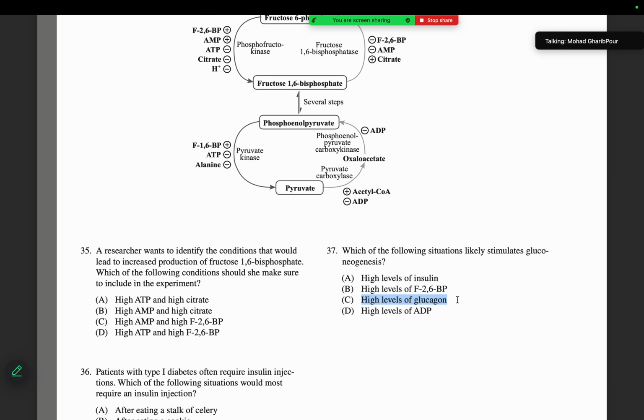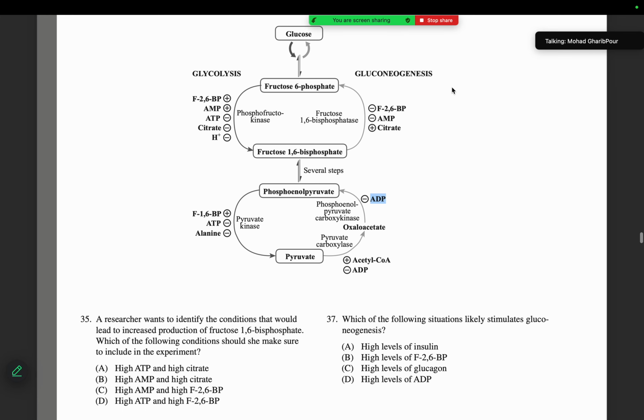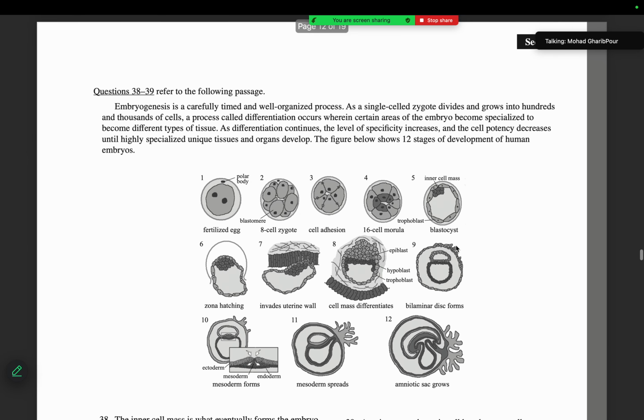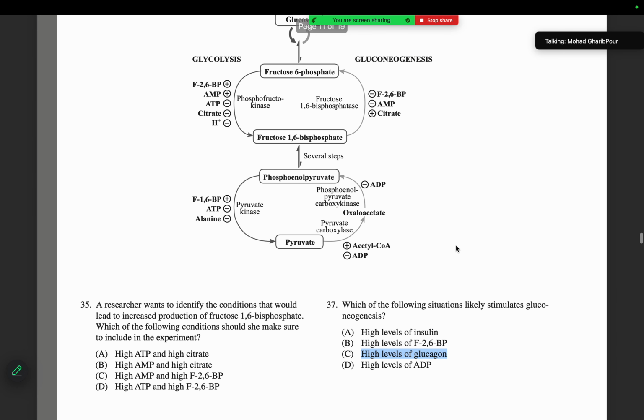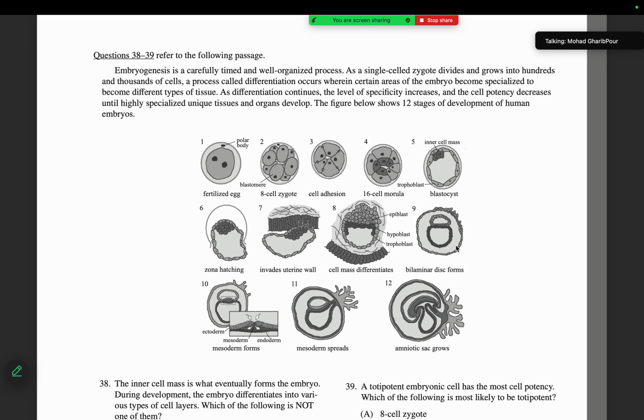So this will be your answer. Okay, and then the last one, ADP, you see it pops up over here, and it actually inhibits the process of gluconeogenesis. So that's not right either. Answer is C. Any questions on that one? Okay, moving on.